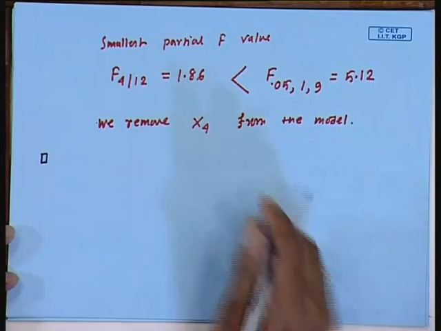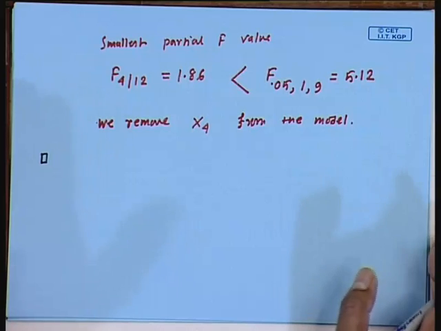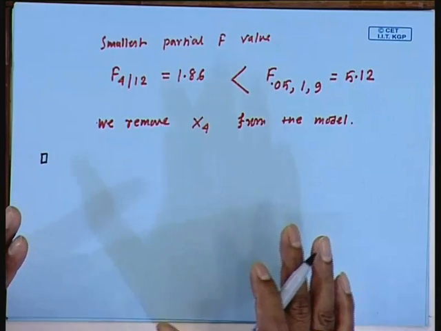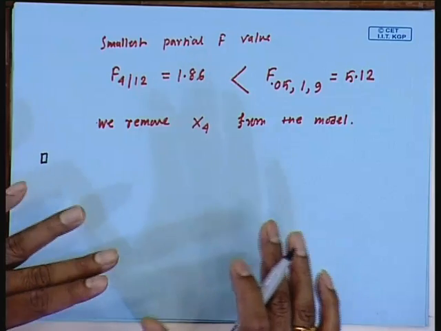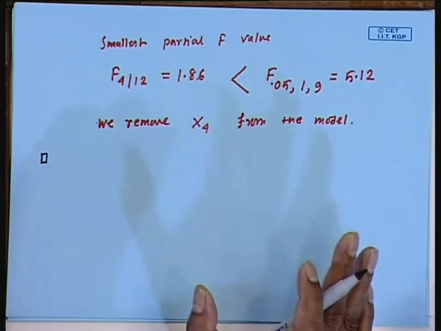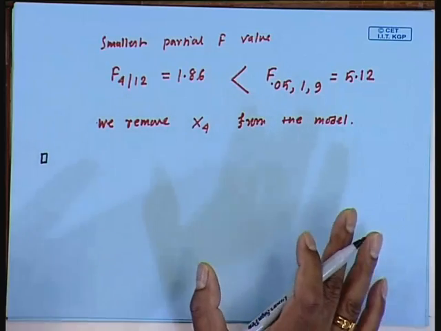Initially we started with x1, x2, x3, x4. In the first step we removed x3 from the model. In the second step we removed x4 from the model. Now, we are left with x1 and x2.